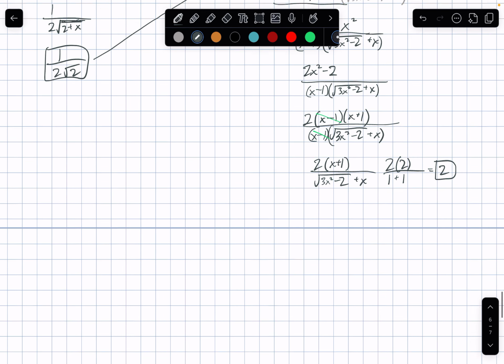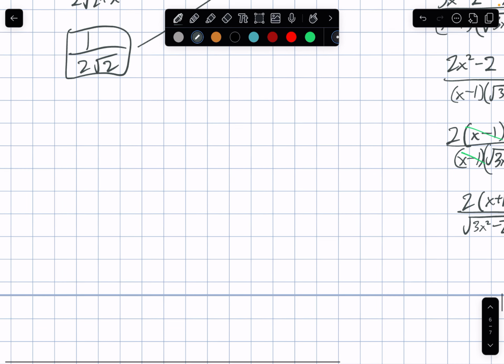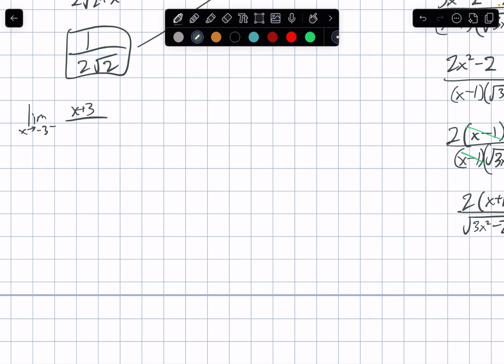Okay. A few more. So as you can see, we have this sign. That means coming from the left.